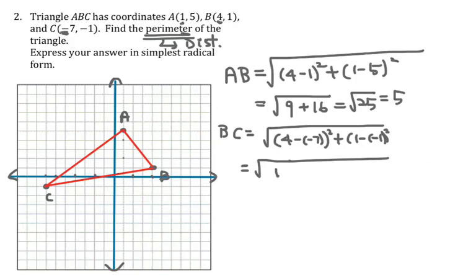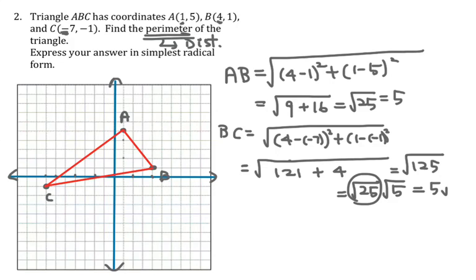Squared becomes 121. 1 minus negative 1 is 2, and when you square it, it becomes 4. So we end up getting square root of 125. But now, we want to simplify this one. Which two numbers multiply to 125? Since it ends with 5, maybe 5 might be a nice number, then you will realize that that's equal to square root of 25 times 5. We know that this simplifies into 5 because of square root of 25, times square root of 5. That's what we end up getting.